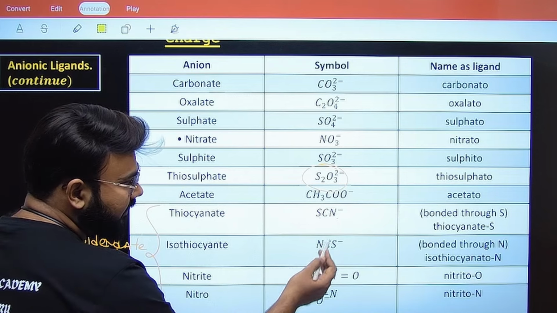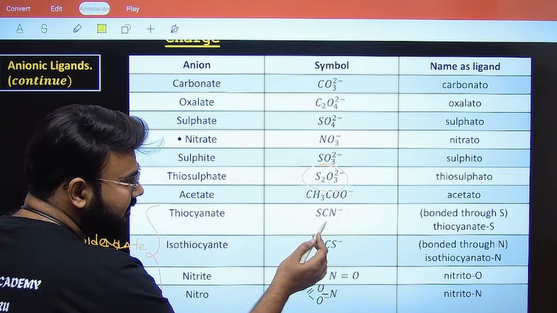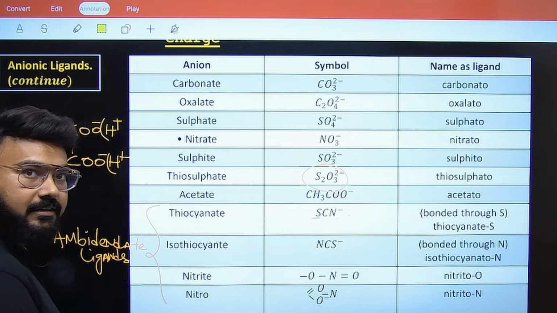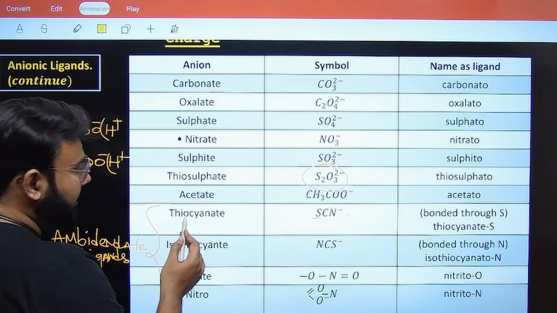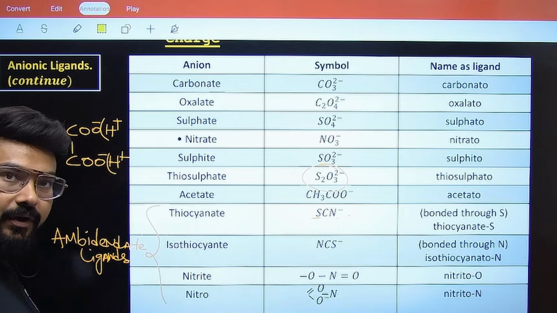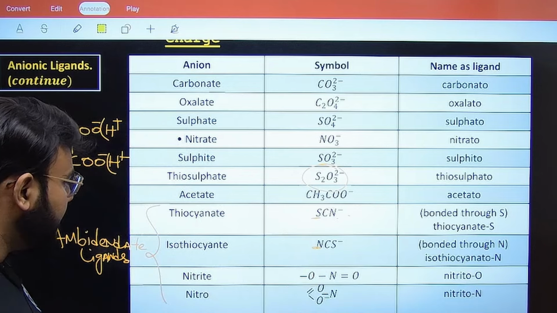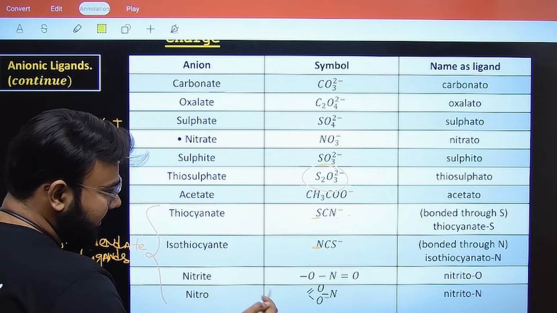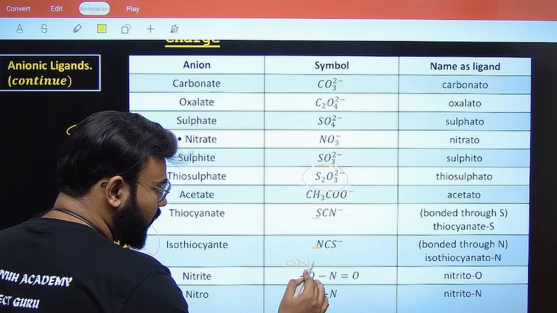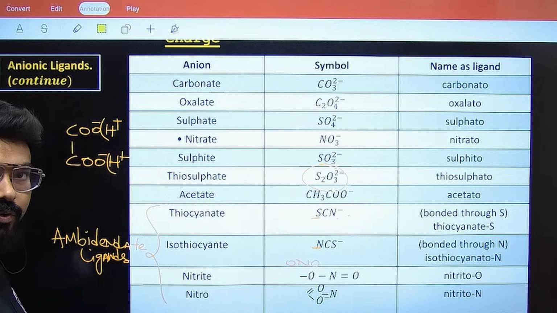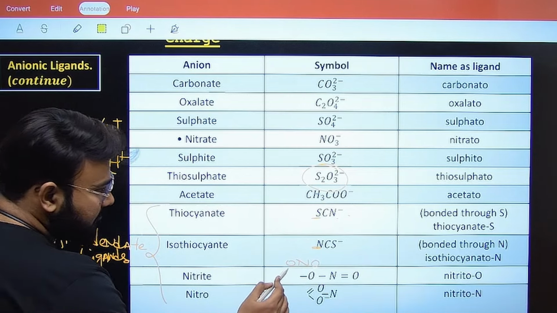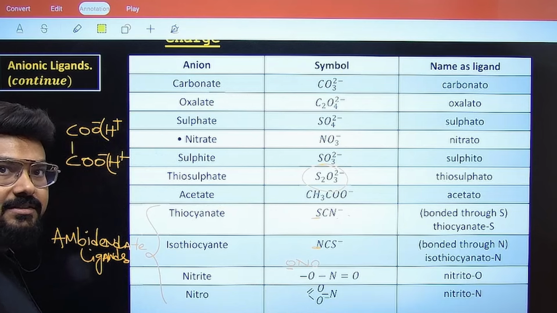That is why SCN, when it's written as thiocyanate, sulfur is the donating site. When it's written as isothiocyanate, then nitrogen is the donating center. When it's written as nitrite, it is ONO, and this time oxygen is the donor center.